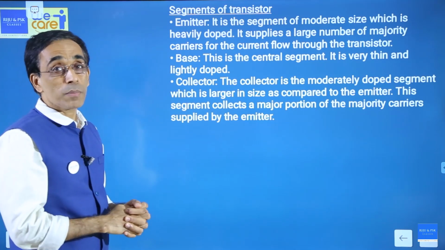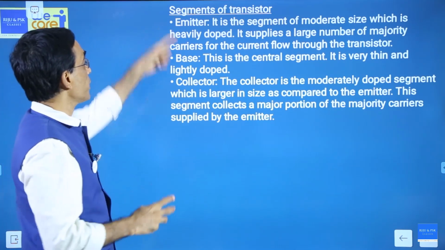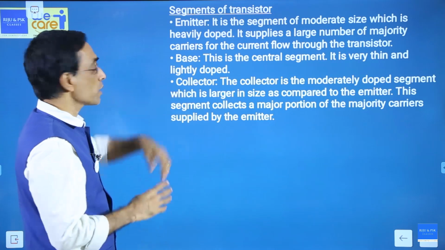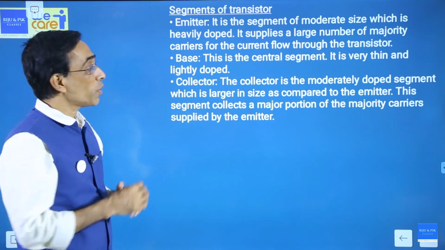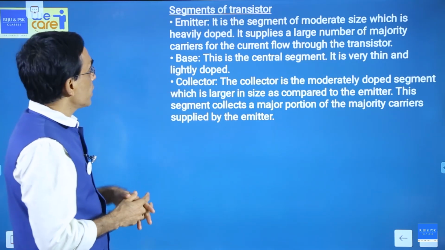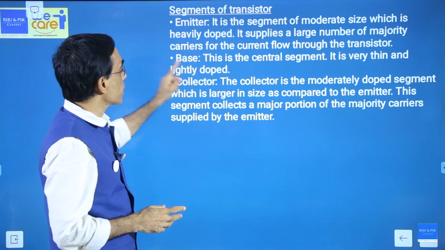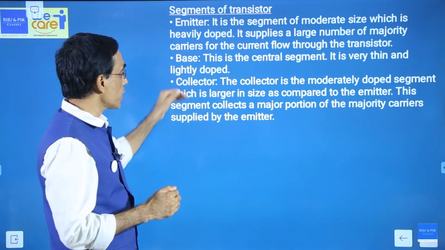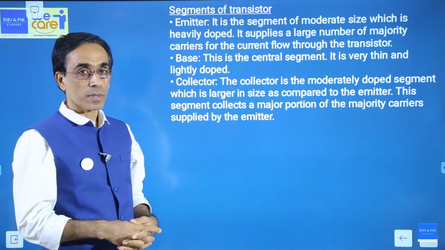What are the different segments of a transistor called? One is called the emitter, the second is called the base, and the third is called the collector. Now about doping: the emitter is heavily doped, the base is lightly doped, the collector is moderately doped.